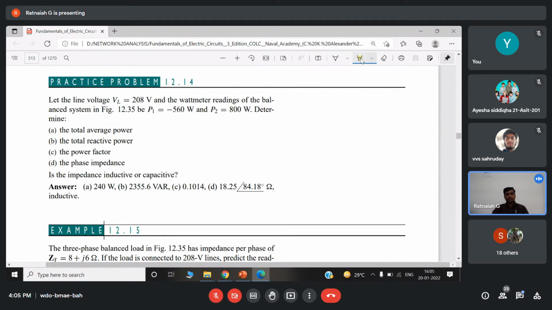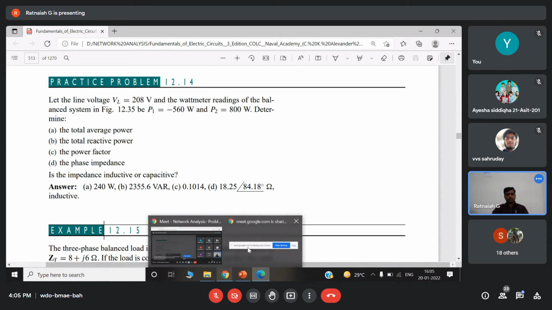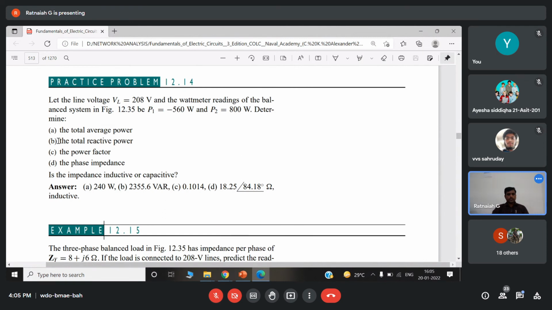You have to calculate the average power, which is P. Next, the total reactive power, QT or Q. Then what is the power factor? That is cos phi. You have to find the power factor.